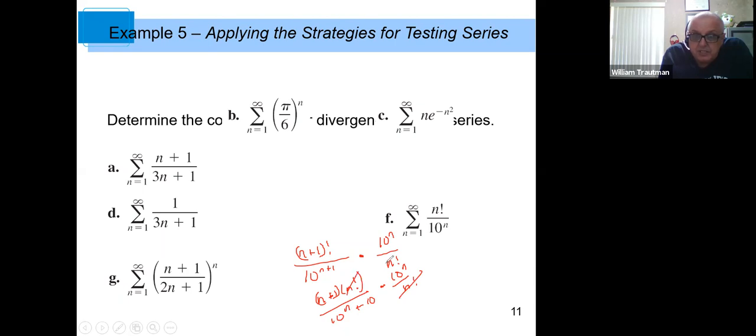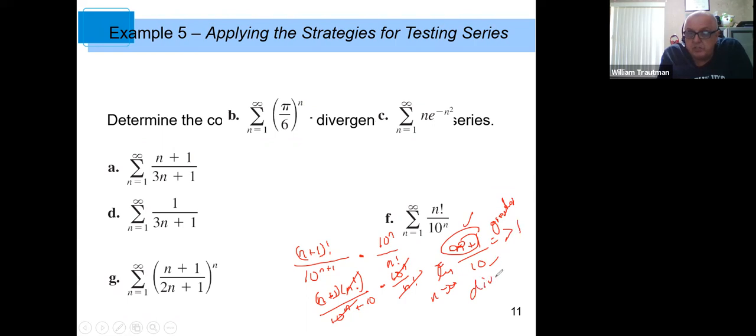The n factorials cancel, the 10 to the n's cancel, and I'm left with n plus 1 over 10. Take the limit as n approaches infinity. The top is larger than the bottom. So this is greater than 1, so it diverges.